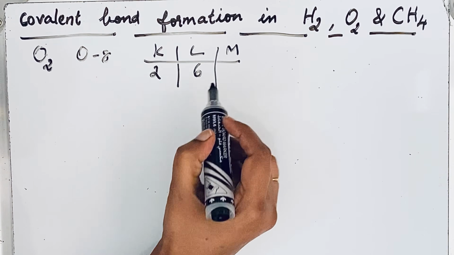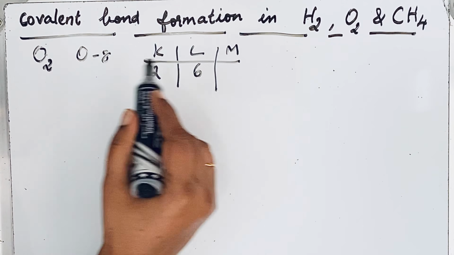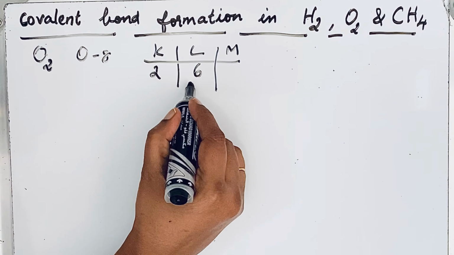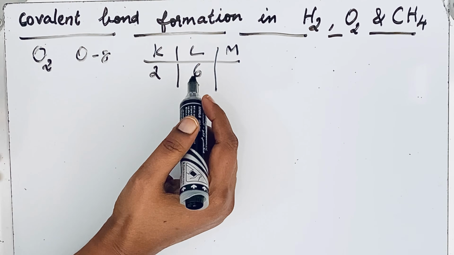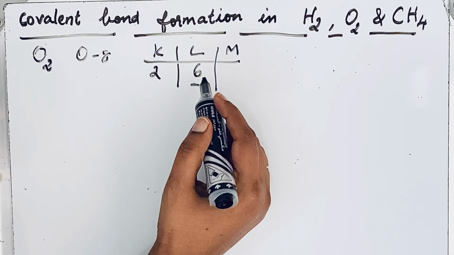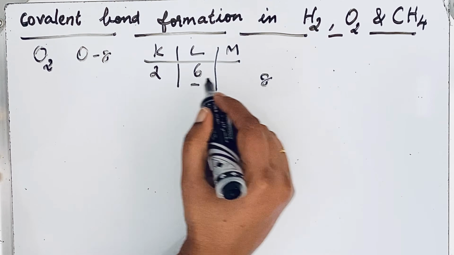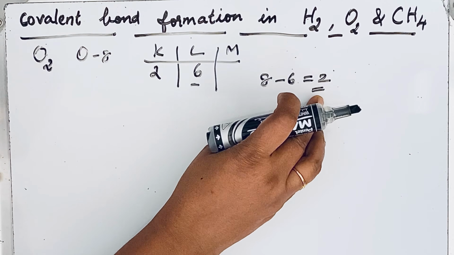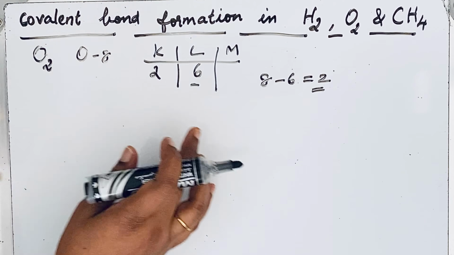L is the outermost shell for oxygen, so the valence electron of oxygen is 6. To complete the octet, how many electrons does it need? Octet means 8, so 8 minus 6, 2. So it needs only 2 electrons.